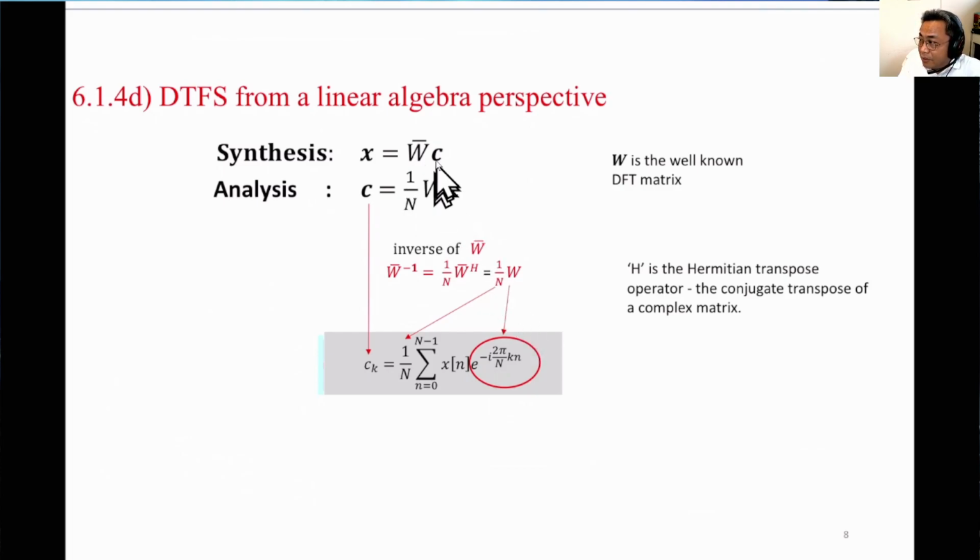To get W bar from 1 over n W, you use an operator in linear algebra called the Hermitian operator, which is the complex transpose. You might not need to do it in this course, but this Hermitian transpose is the operator that changes the sign of the complex exponential between W and W bar, from negative to positive.